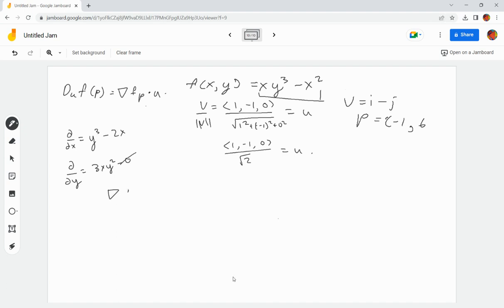But now we have f over here, which is (y squared minus 2x, 3xy squared). Now we have a p here, so I need to put p as (-1, 6). And then we dot product it with basically (1, -1) divided by the square root of 2.